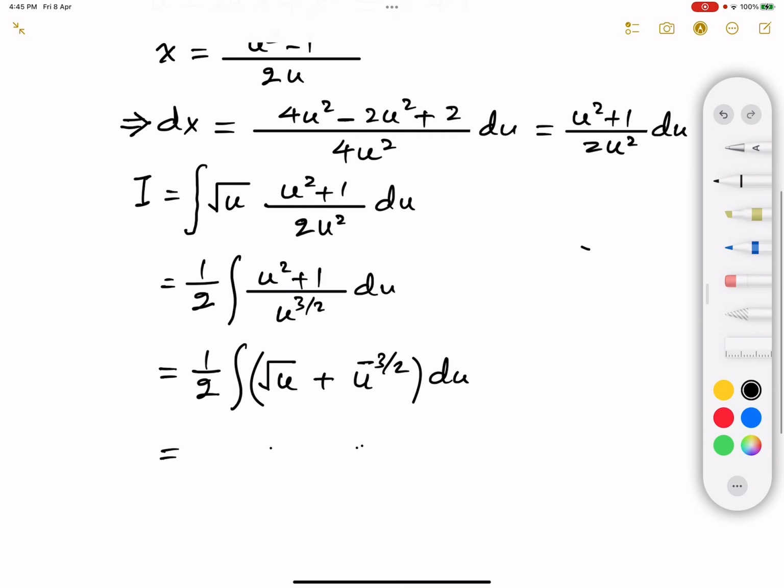So half here, and I will open a bracket. What is the integration of the square root of u, which is u to the power half?